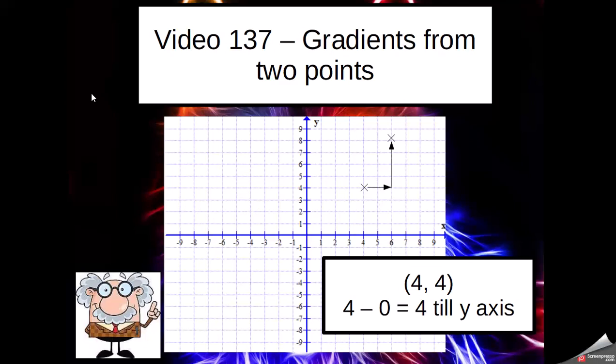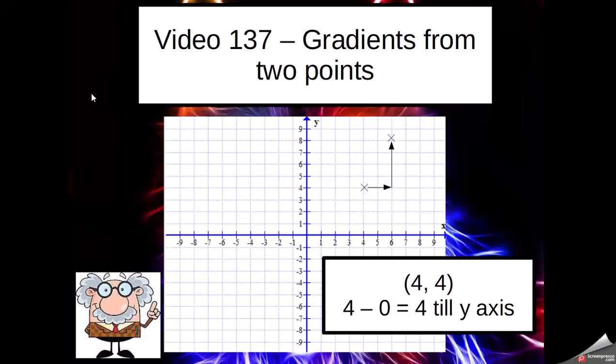So we can work out how many steps of 2 it is until we get to the y-axis. If we take away 0 from 4, that means it's 4 steps from the point that we're on the x-axis to the 0 point on the x-axis.